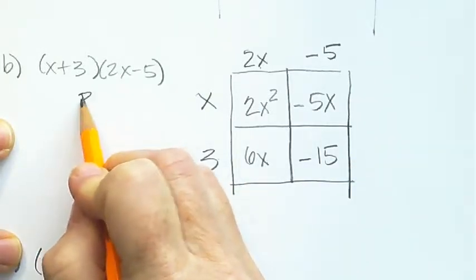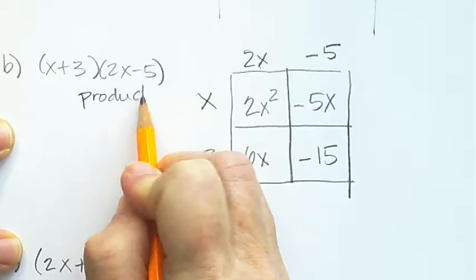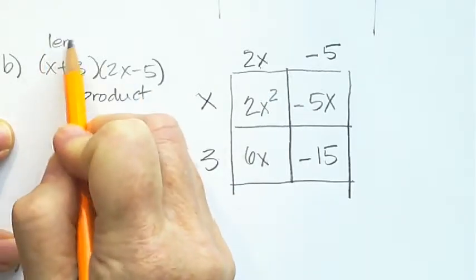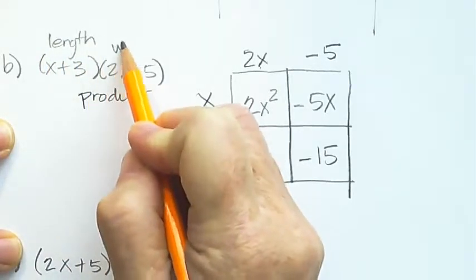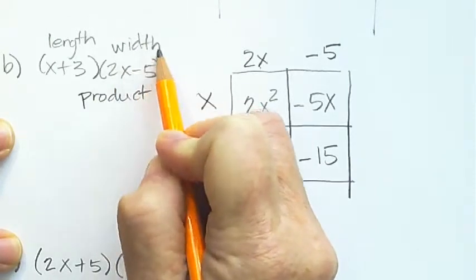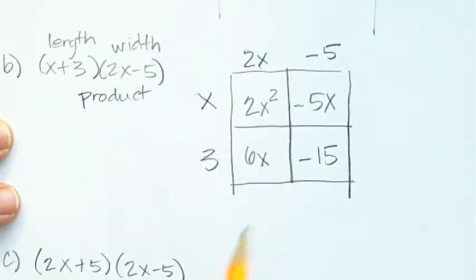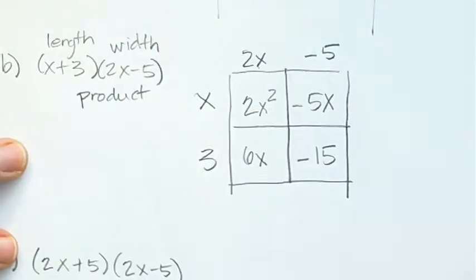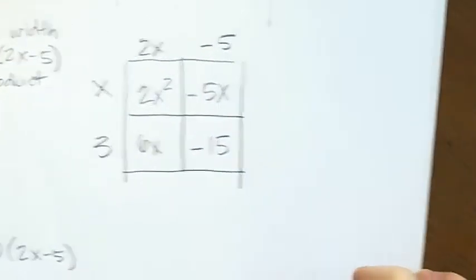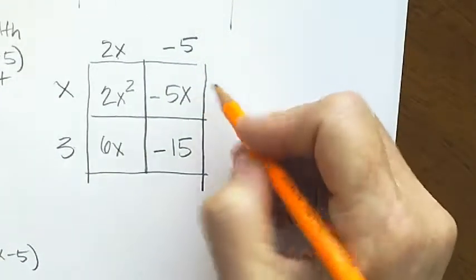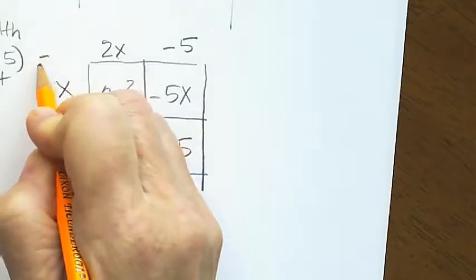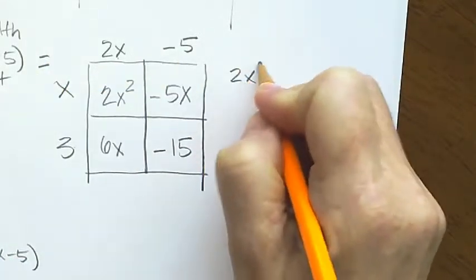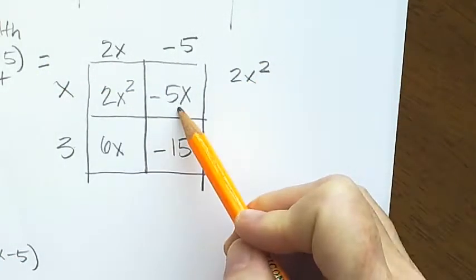This is the area written as a product. This is the length and the width. And yes, I believe I'm remembering this right. There's one like this on your next test. And then if I write it as a sum, this would be 2x squared. Now these two terms are alike.